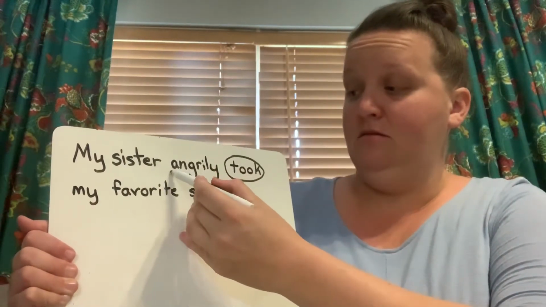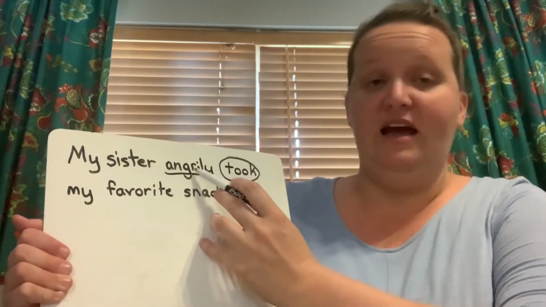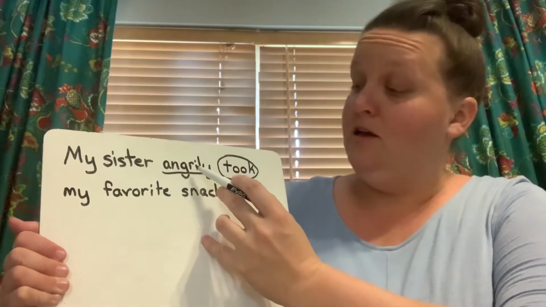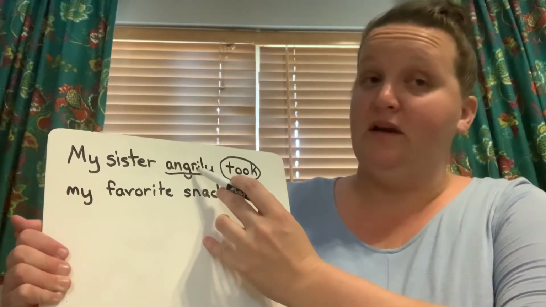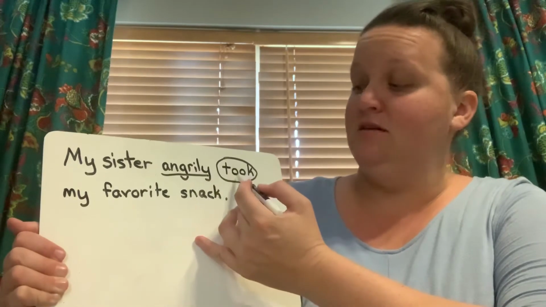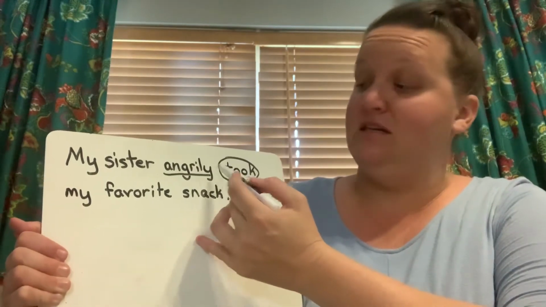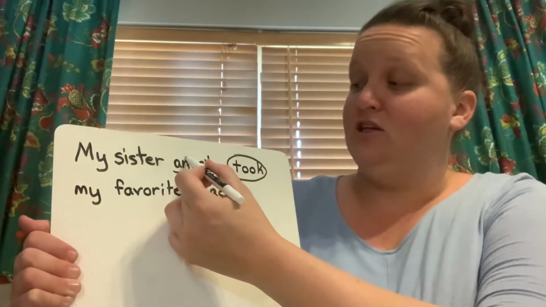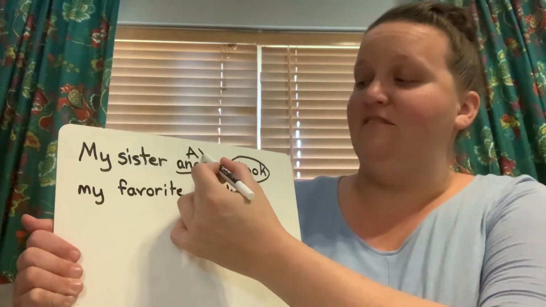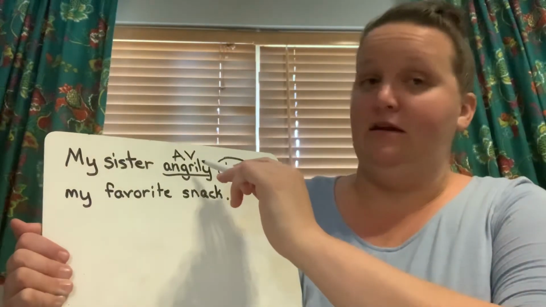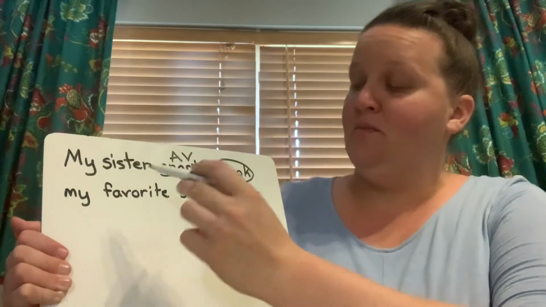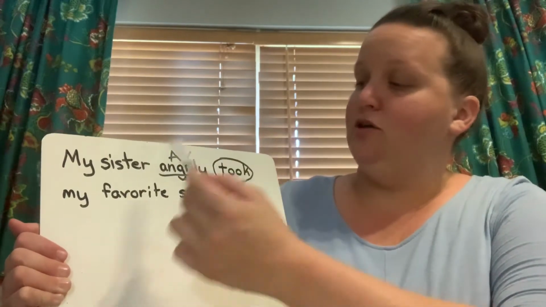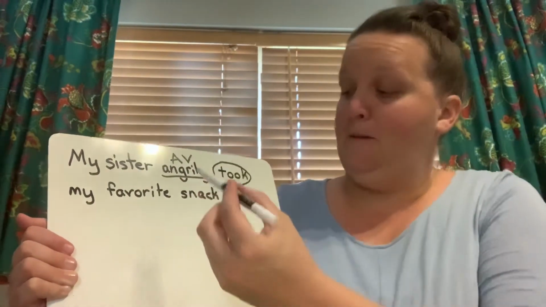She angrily. And so what is angrily? We know it's a describing word, but how do we know which one it is? Because it's talking about this action, it makes it the adverb. It's adding to this verb, okay? My sister angrily took my favorite snack.